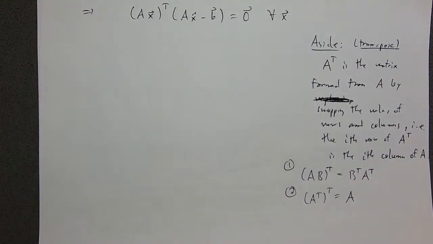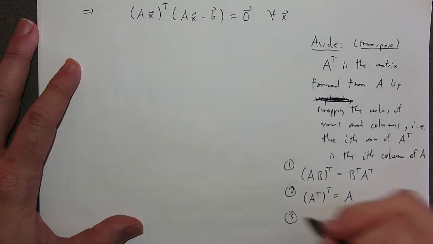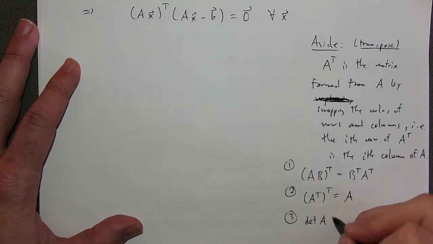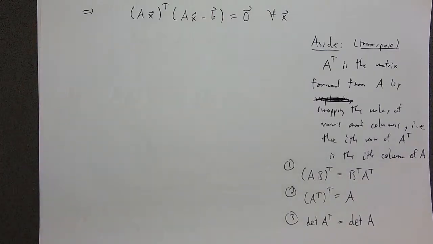Transpose doesn't affect determinants either. Since in cofactor expansion you can go across any row or down any column, swapping the rows and columns does nothing to the determinant.